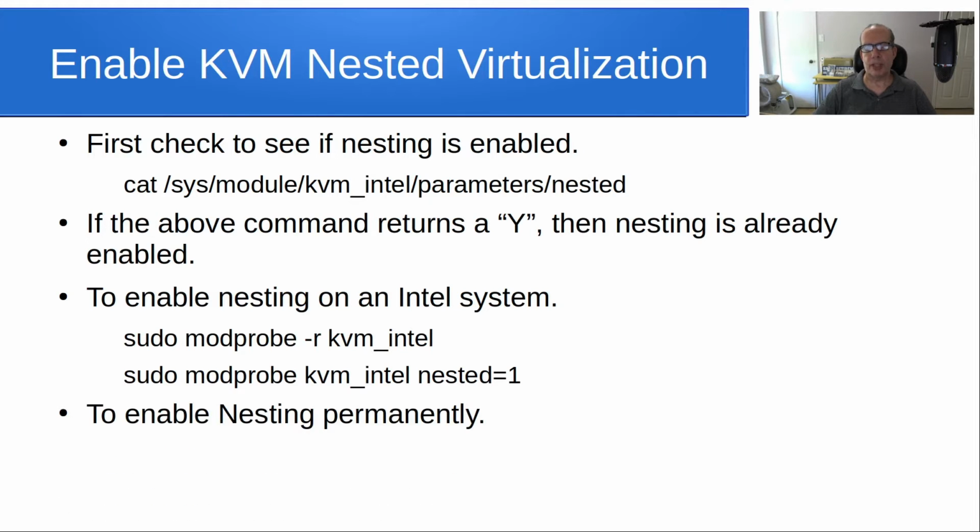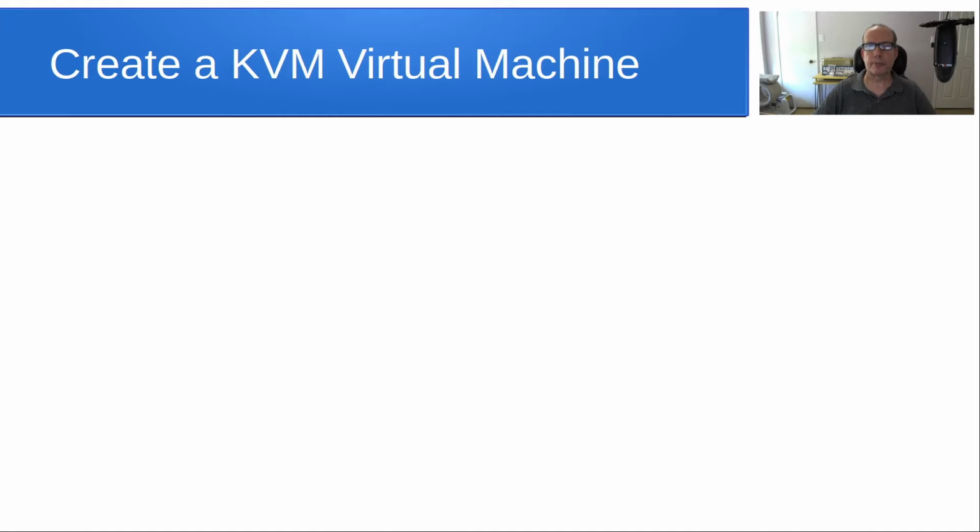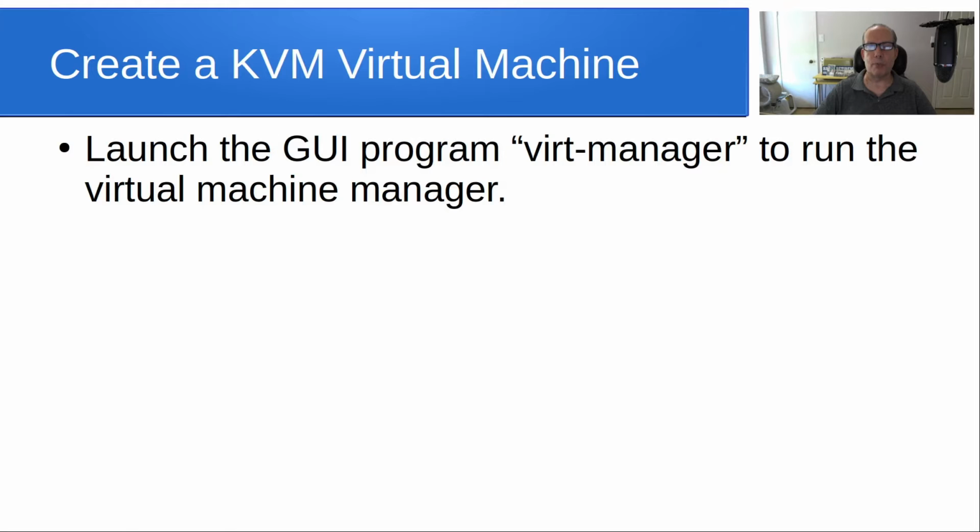To enable nesting permanently, you want to go ahead and edit the kvm.conf file, and that file may likely be empty, or if it's not, go ahead and add the line that sets nested equal to 1, and you can change this value to be AMD if you have an AMD processor. So then we want to create a KVM virtual machine.